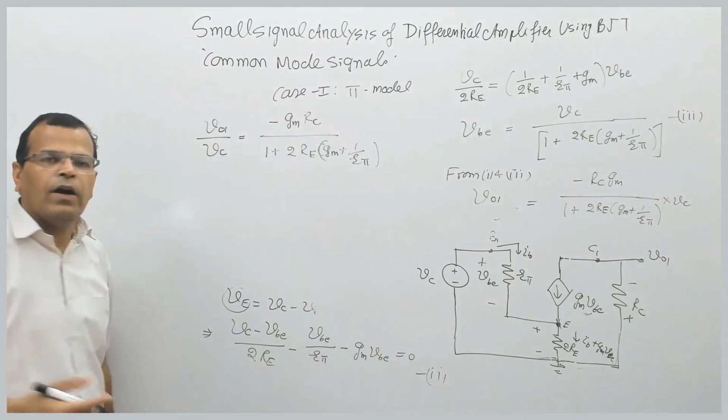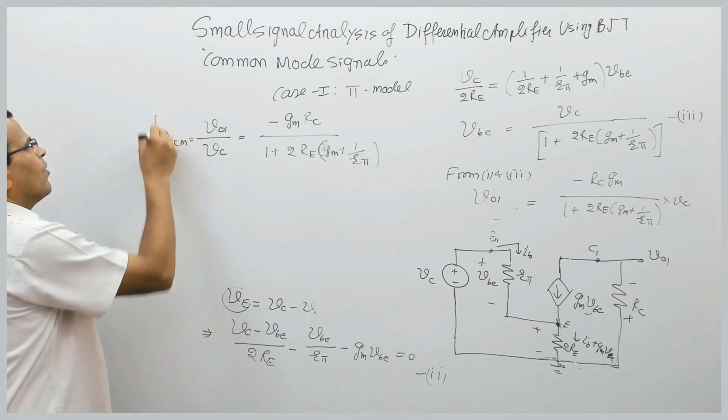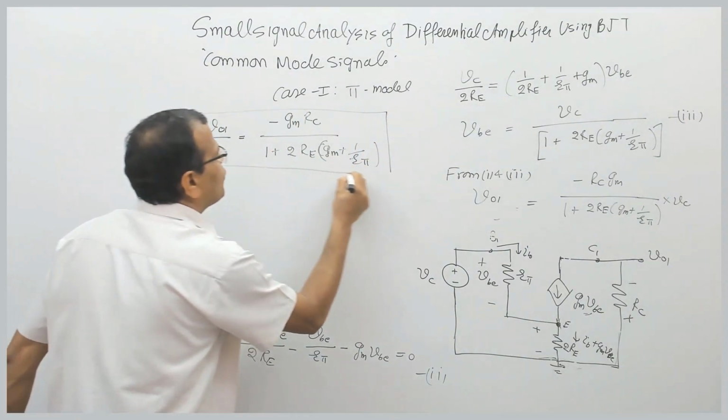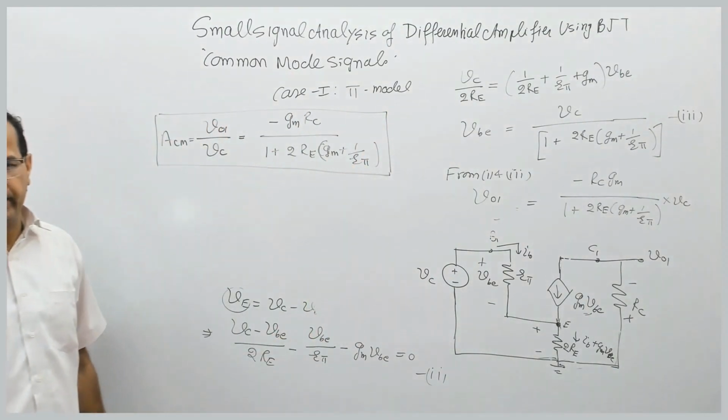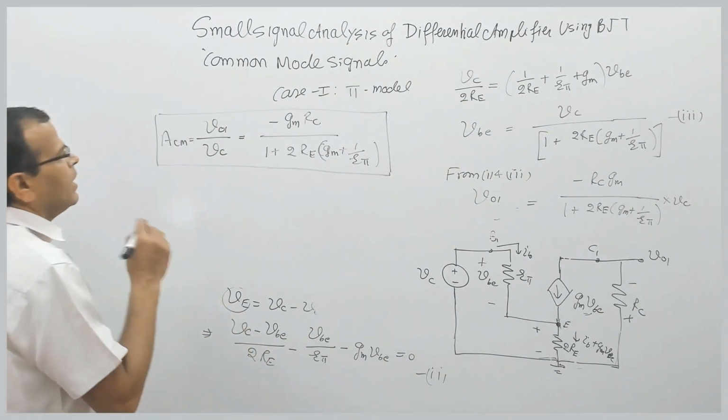This is what you have, and this is called the common mode gain for single-ended output, if you are taking only one output from the circuit.